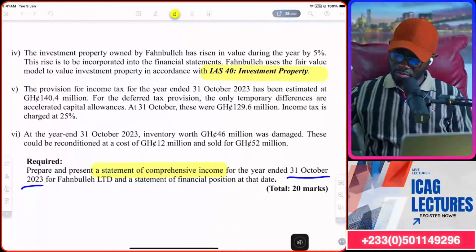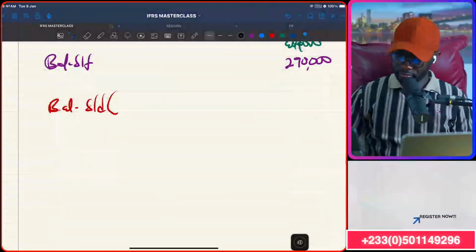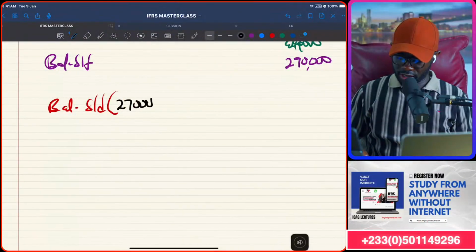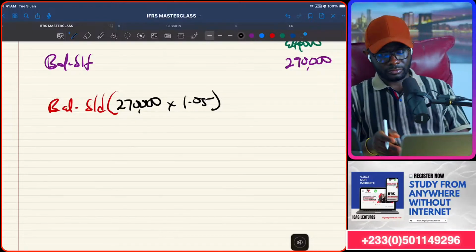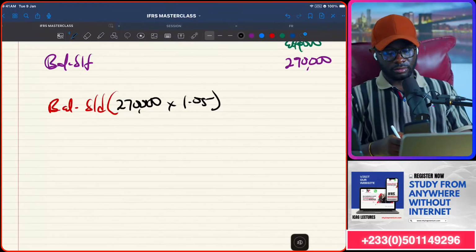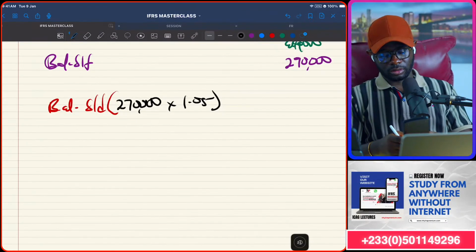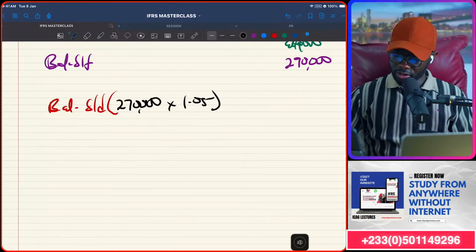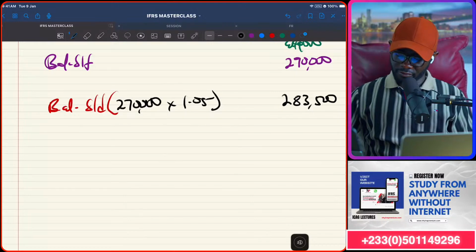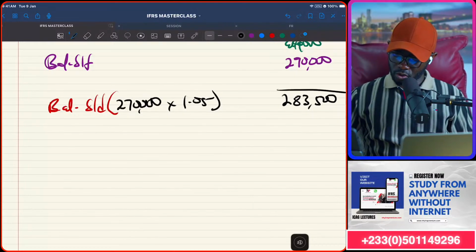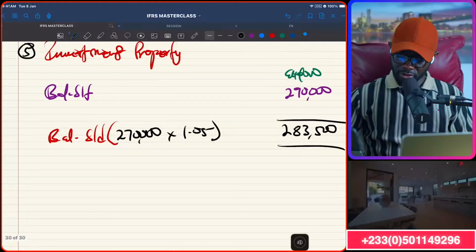So that will be 1.05. So 270,000 by 1.05 will give us the closing figure. And that is 283,500. And that is what will go on the face of the statement of financial position.